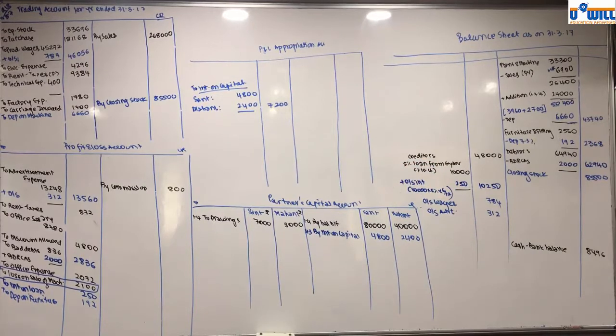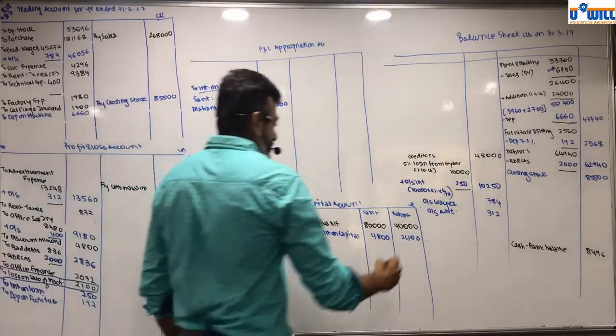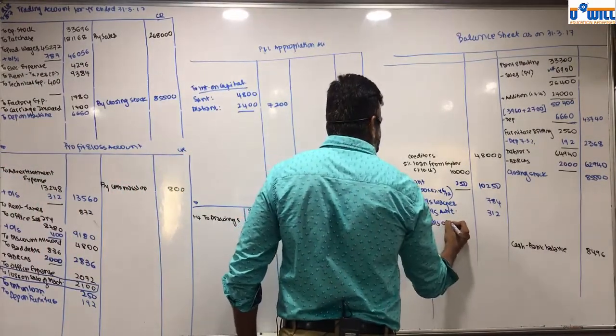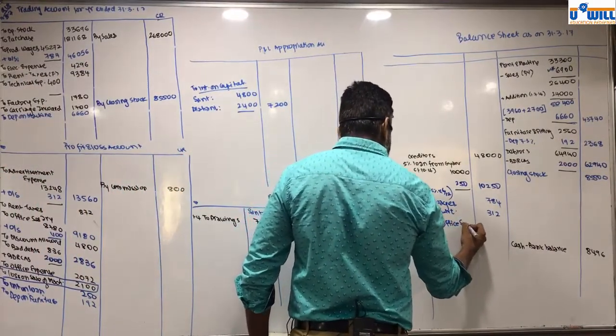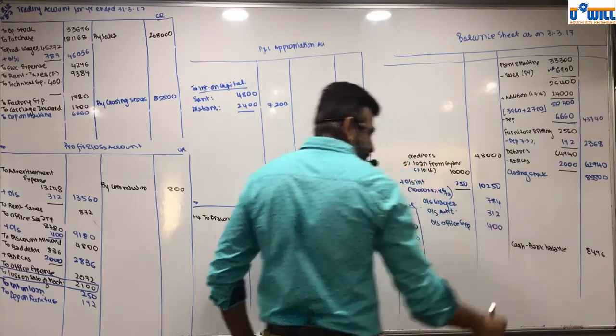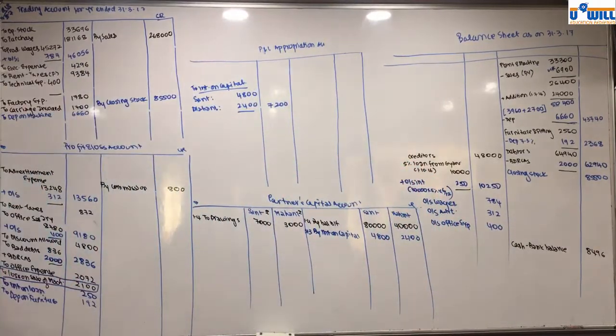Office salary 400. 9180. Technical expense 320.